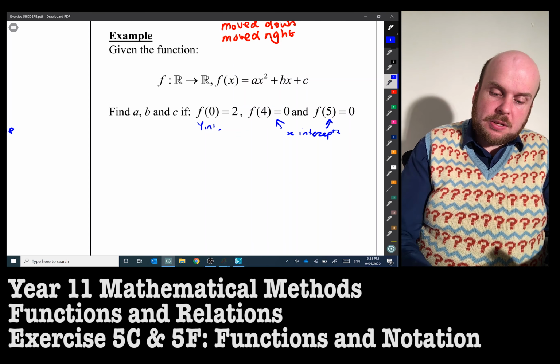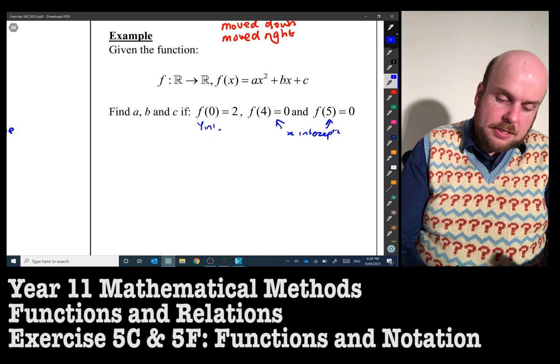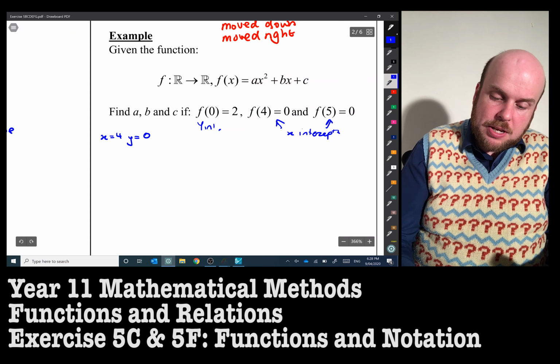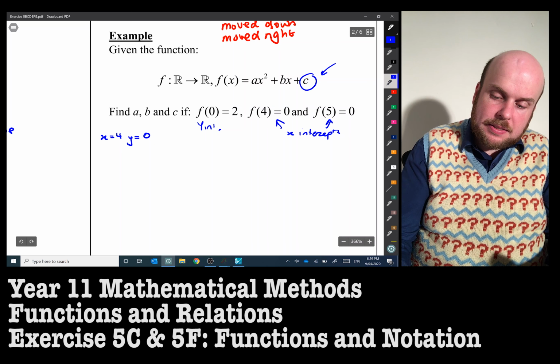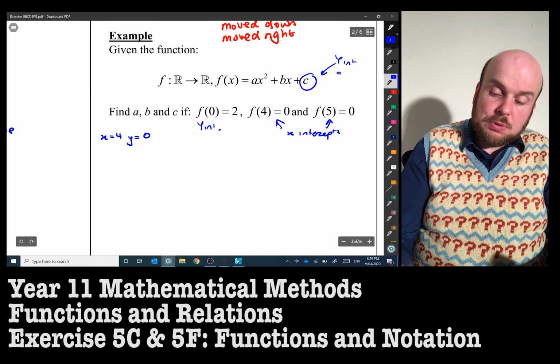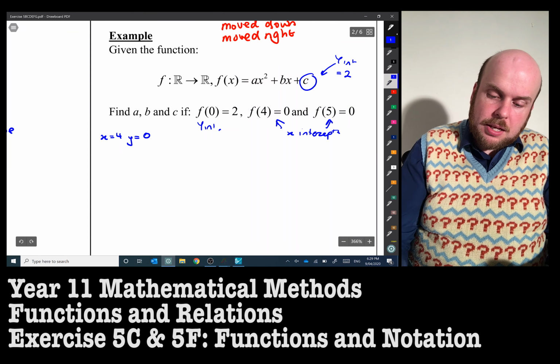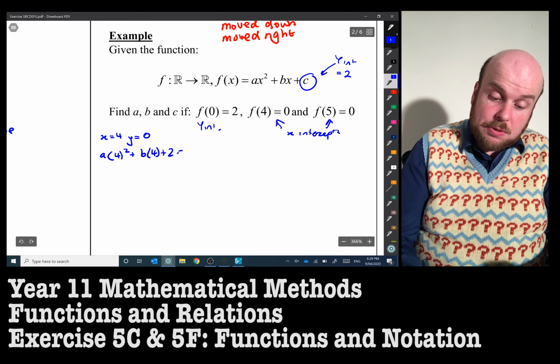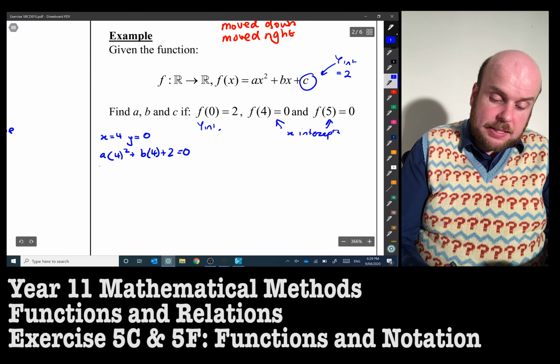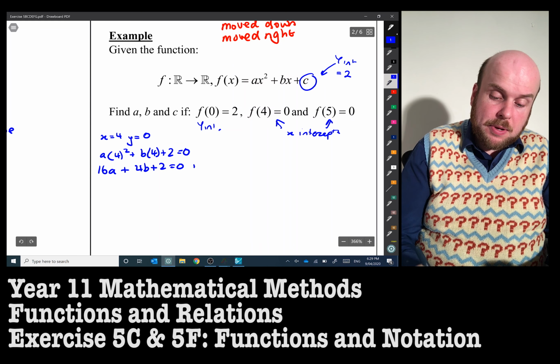The idea is you would say, all right, if x equals 4, y equals 0, and we know that c is the y-intercept, and it's going to be equal to 2. So we can just do a whole lot of substituting here. a times 4 squared plus b times 4 plus 2 equals 0, and you would get 16a plus 4b plus 2 equals 0. That would be one equation.